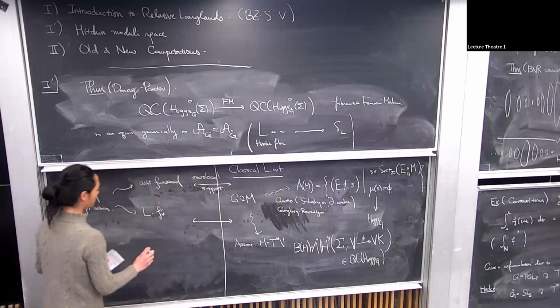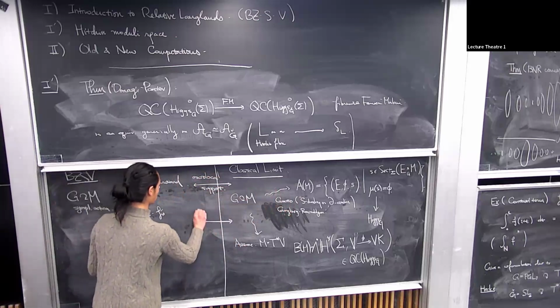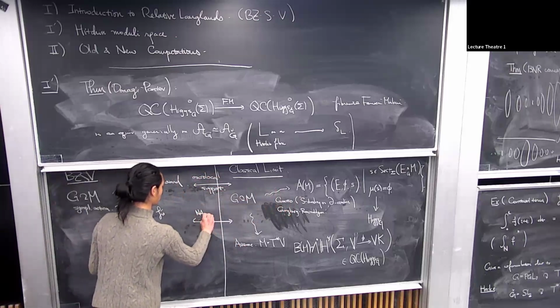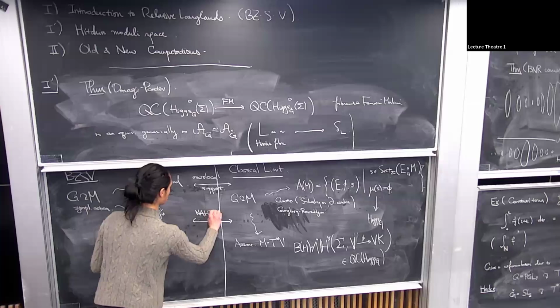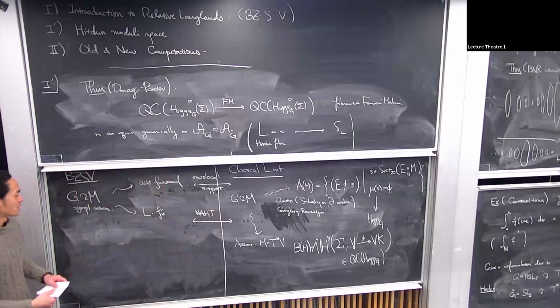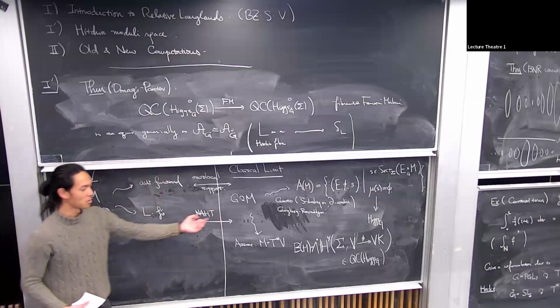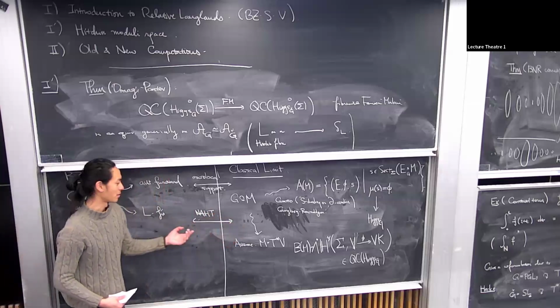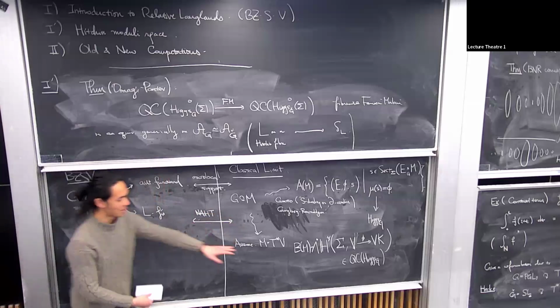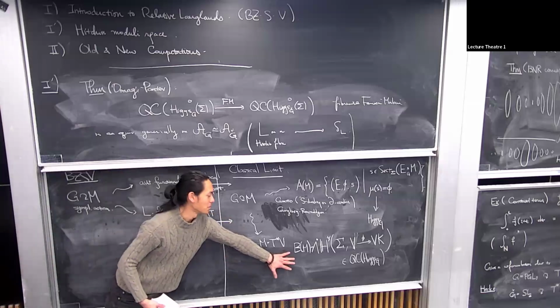On the L-function side, roughly speaking, this is non-abelian Hodge theory. There's a non-abelian Hodge correspondence that will take basically things on local systems to things on Higgs. And under that correspondence, L-functions correspond to these B of M's.